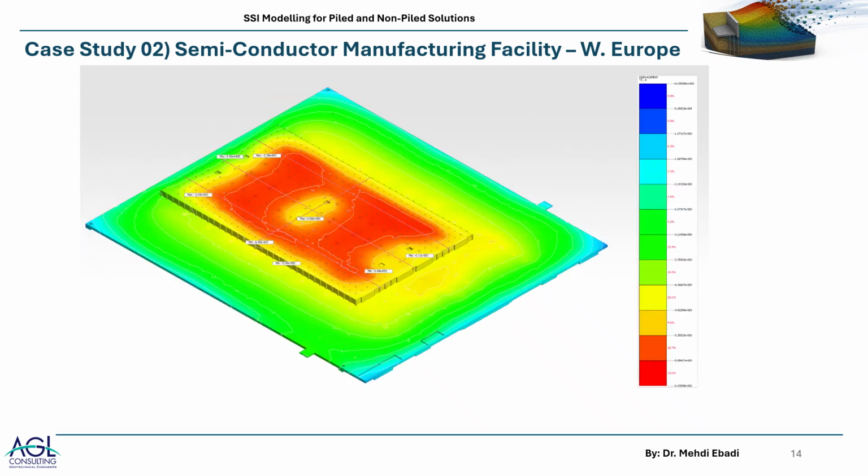So what did we get? We did an analysis, and the upper layers were, as we discussed, highly weathered, and the deeper we went, we got to fresh or nearly fresh rock layers.